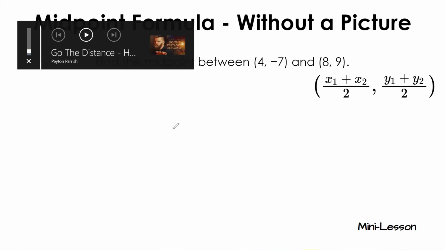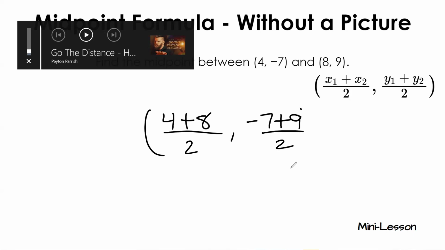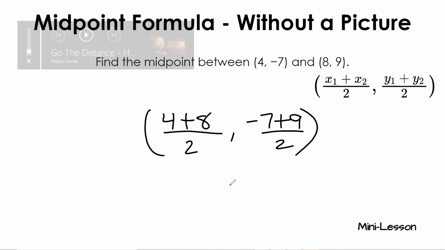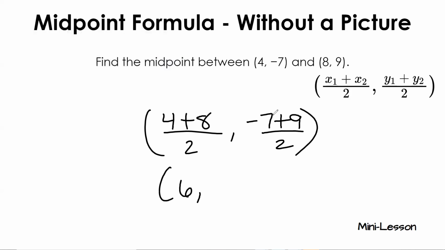Okay, so you should have done 4 plus 8 divided by 2, and then negative 7 plus 9 divided by 2. Okay, 4 plus 8 is 12. 12 divided by 2 is 6. Negative 7 plus 9 is 2. 2 divided by 2 is 1. So I got 6 comma 1. So what you got? Okay, and you can always check these in Desmos by plotting these points, typing them in exactly how you see it, and then plotting this point.